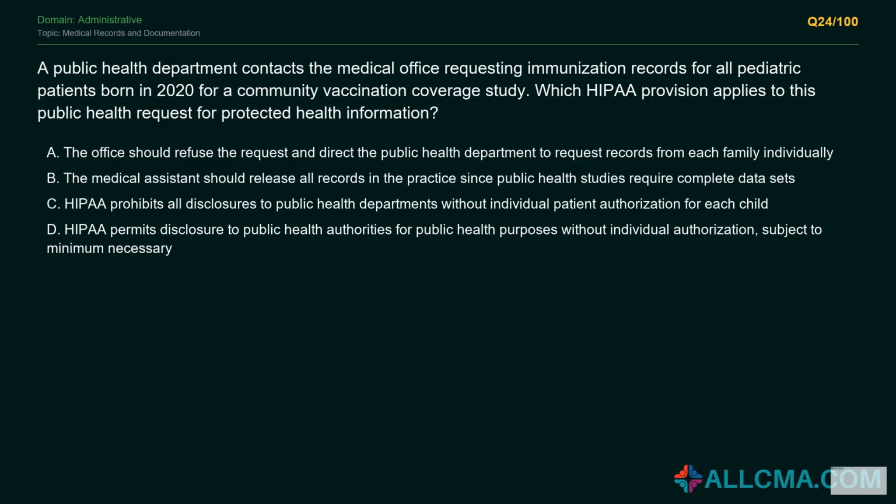Option B, the medical assistant should release all records in the practice since public health studies require complete data sets. Option C, HIPAA prohibits all disclosures to public health departments without individual patient authorization for each child. Option D, HIPAA permits disclosure to public health authorities for public health purposes without individual authorization, subject to minimum necessary.